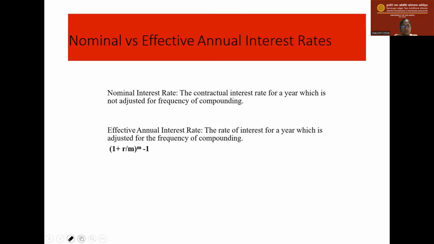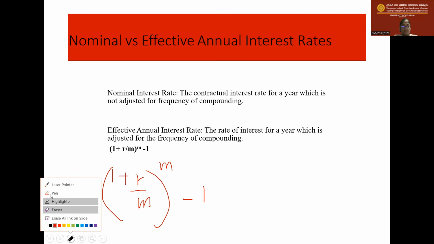This is the relevant formula: 1 plus R divided by M, power of M, minus 1. Here the division applies only to R, not the whole. The 1 is fixed and does not change from question to question.